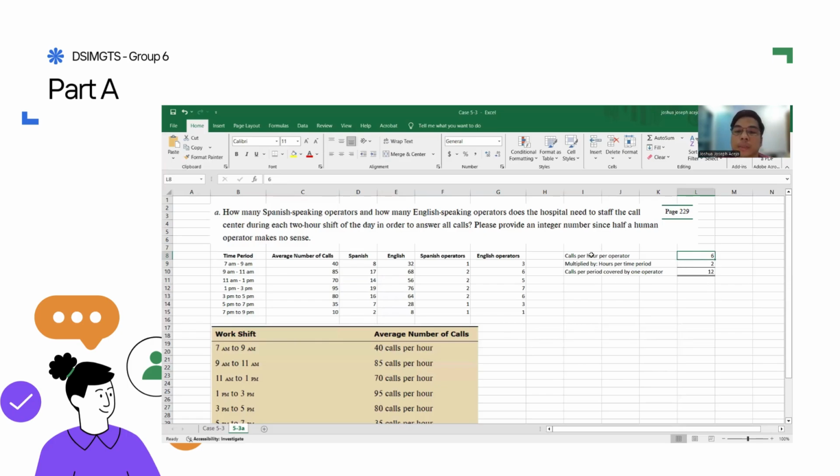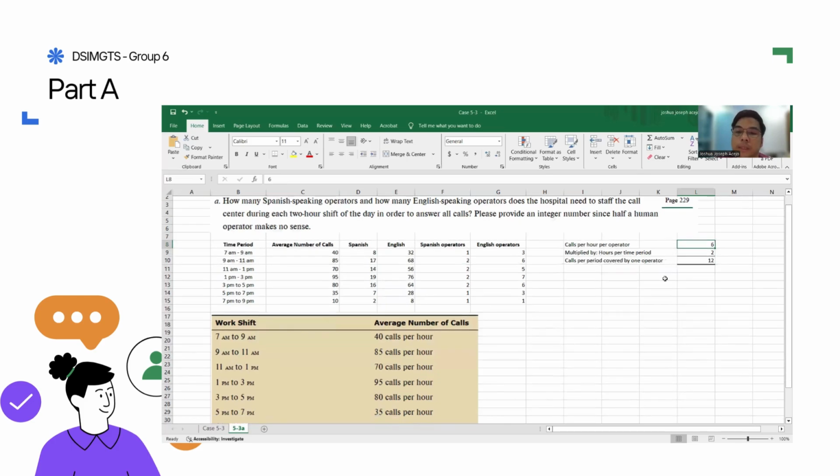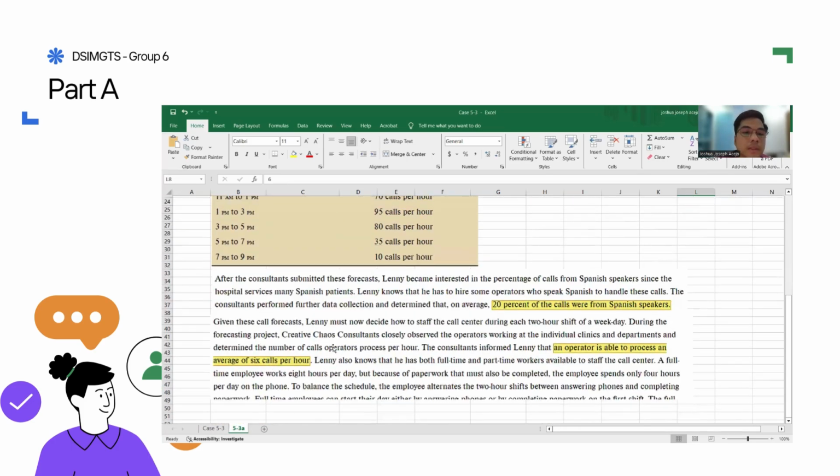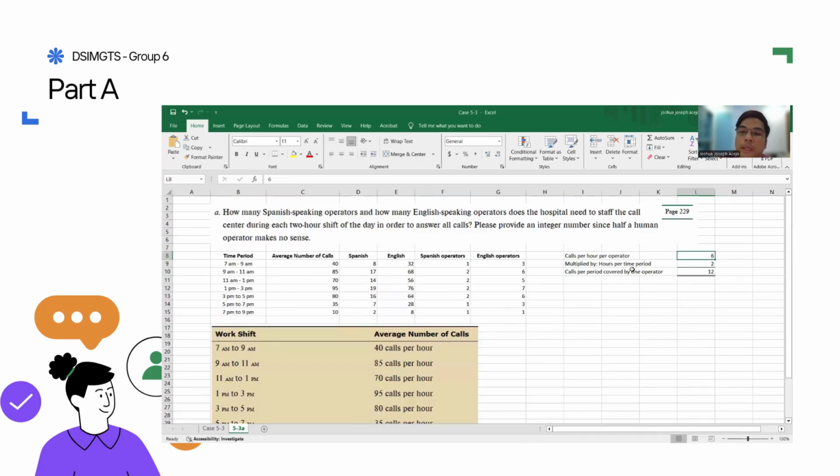We take the calls per hour per operator, which is 6 calls per hour, and then we multiply it by the hours per time period. From 7 a.m. to 9 a.m., there are 2 hours. So 6 times 2 is 12. So there are 12 calls per period covered by one operator.